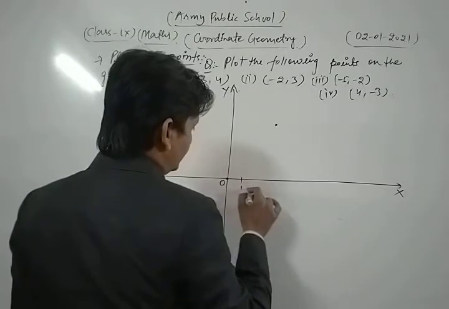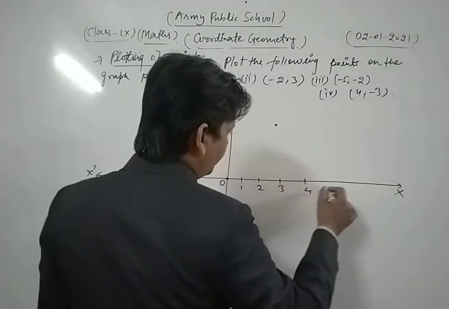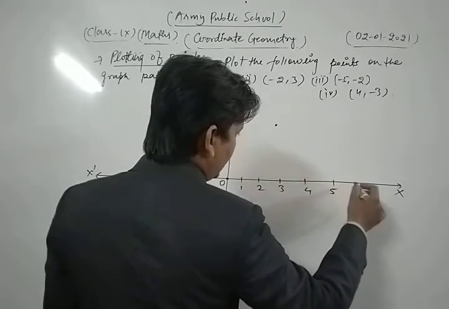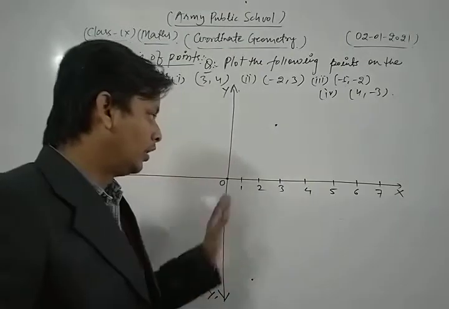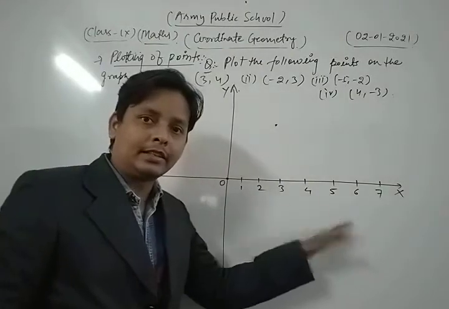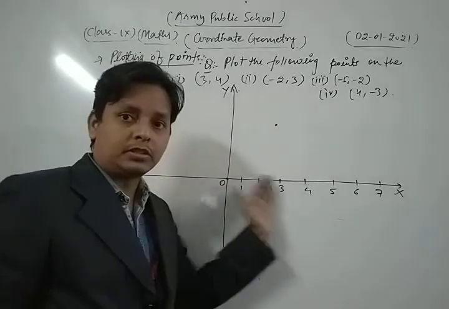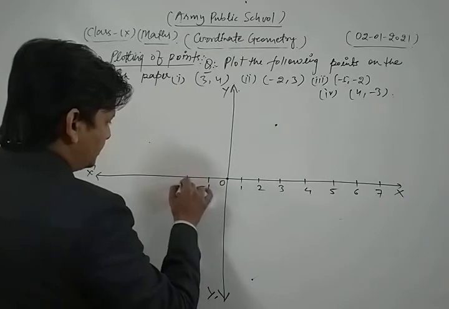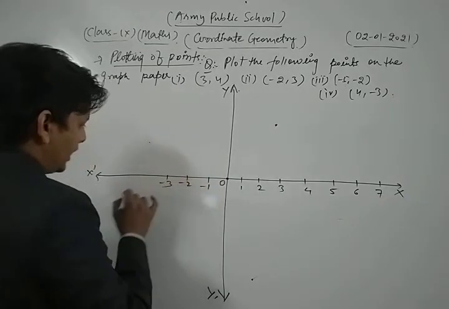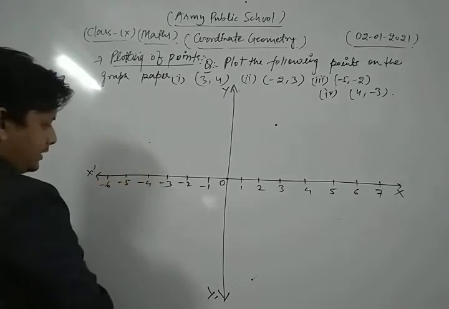Now we take some points on this. This is 1, we take 2, 3, 4, 5, 6, 7, because on that line all the points are taken as positive, because this is the positive direction of x. Same as on that side, we take -1, -2, -3, -4, -5 and -6.